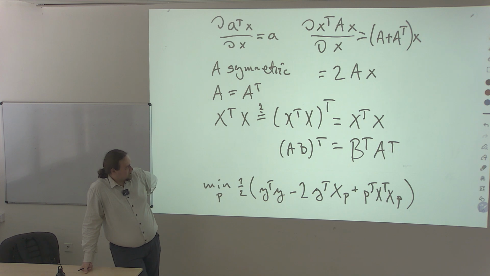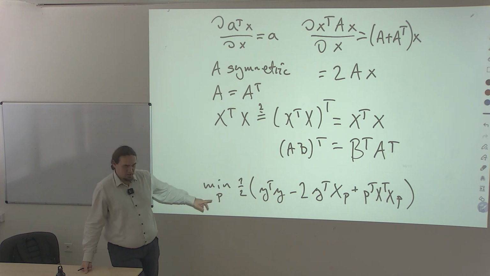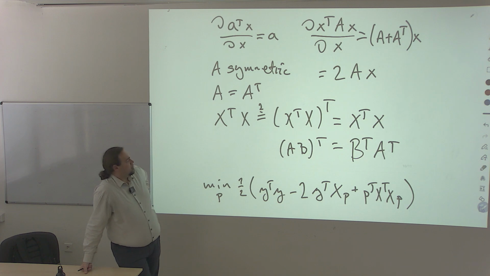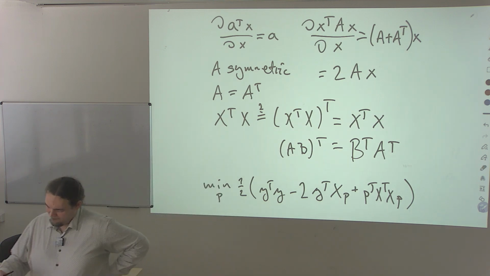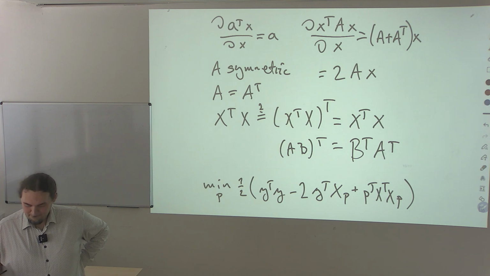Minus 2 times y transpose x times p. P is our variable here. Minus 2 remains. And then y transpose turns into y, and x turns into x transpose.